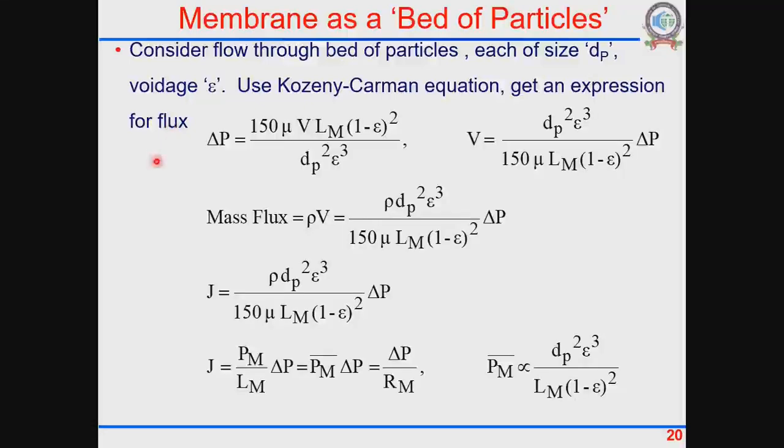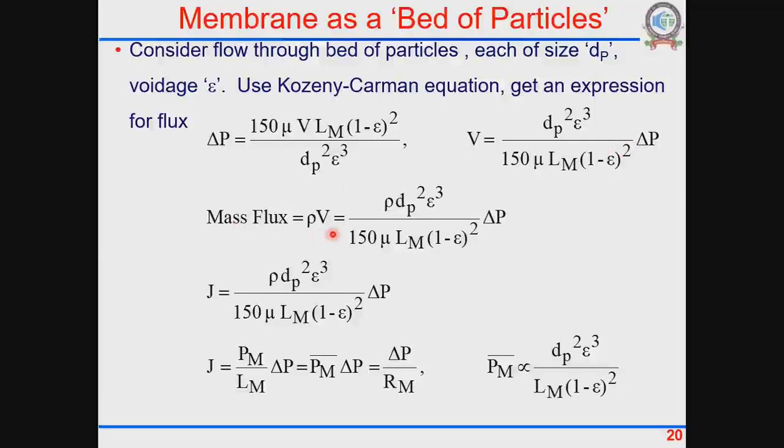Okay, so if we write the Kozeny-Kármán equation, delta P would be 150 mu times the superficial velocity, which is the same as the flux, times the length of the membrane, times (1 minus epsilon) squared, that's the solid fraction, divided by dp square and epsilon cube. We can rearrange this with velocity on the left side and everything else on the right hand side.